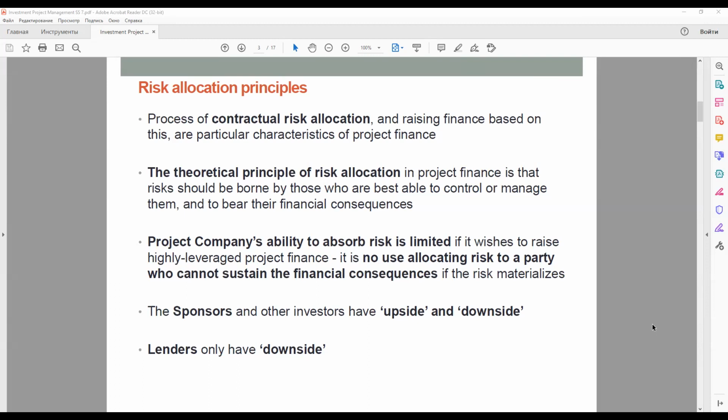If the lenders were investors, they would get an equity rate of return, but they do not. Typically, in a successful project, the gross rate of return on the equity is at least twice that on the debt, which reflects the different risks taken by investors and lenders.